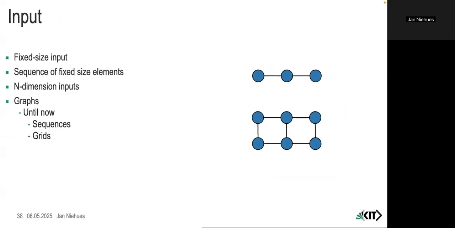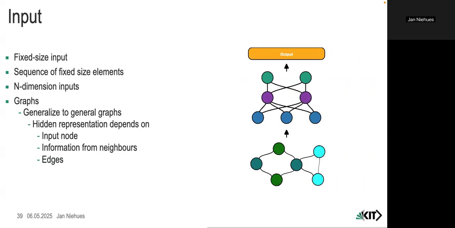And you can do that, of course, even further. If you think about graphs, what we did until now is sequences and grids. That's one- and two-dimensional. But in general, you can generalize that to any type of graph, meaning that you again process each node individually, or you copy your network to each node and do the same calculation, but what information is needed might be more complex. Before, in a sequence or a grid, it's clear what neighbors you have: a left and right neighbor, and you can put them in.